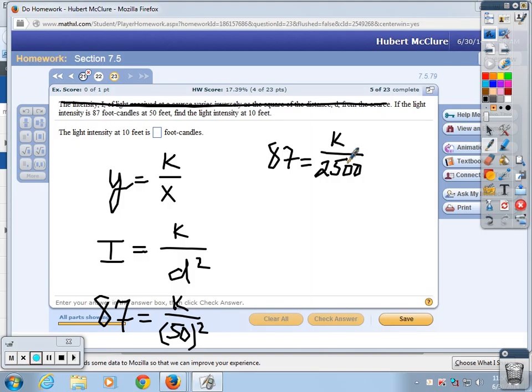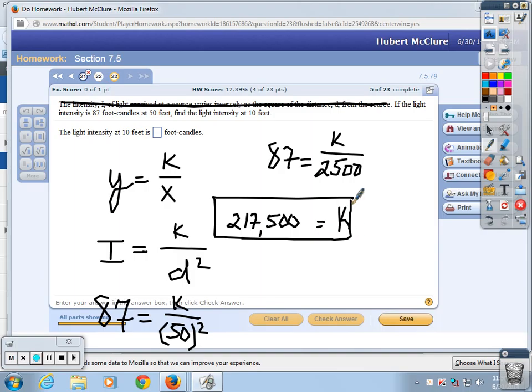So multiply that out. K is equal to 2,500 by 87, what does that come out to be? It should be even numbers, not a decimal. 217,500. And that's what? K.